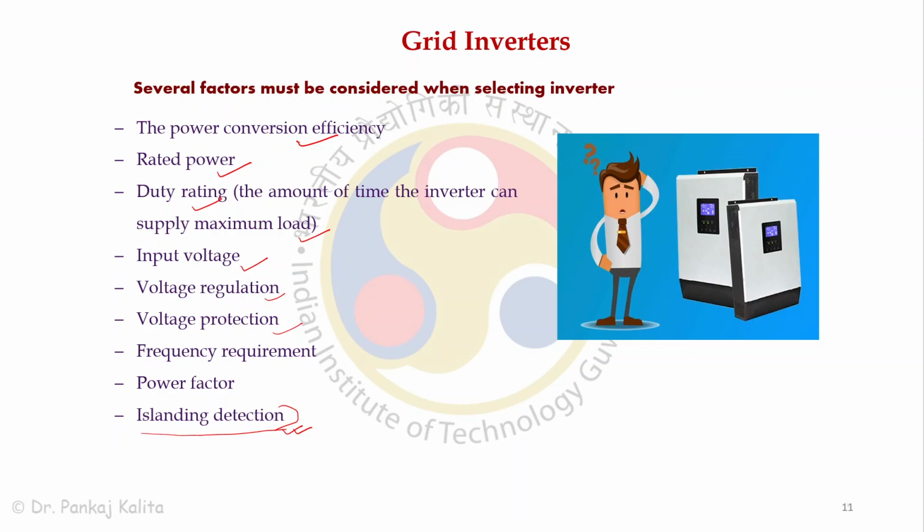Islanding is a condition in which the distributed generator, that is solar in this case, continues to power a location even though the external grid power is no longer present. This can be dangerous for utility workers who go there and work and may not realize that the circuit is still powered. So this has to be kept in mind. Grid inverters should be able to detect this type of islanding.